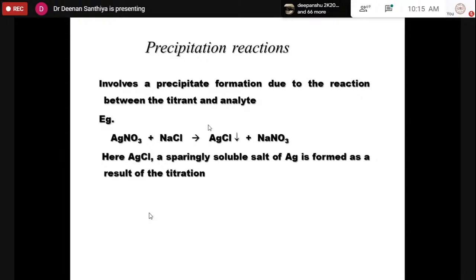For example, silver nitrate is a primary standard, and sodium chloride is also a primary standard. This will be taken in the burette, and this is in the conical flask. When you add silver nitrate dropwise and mix it with the sodium chloride, there will be a precipitation of silver chloride, which is white in color.